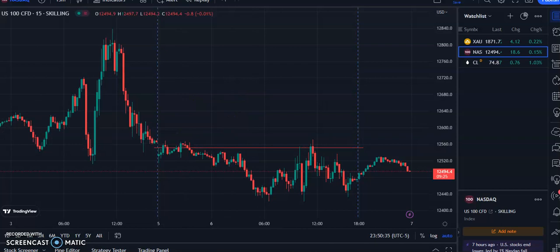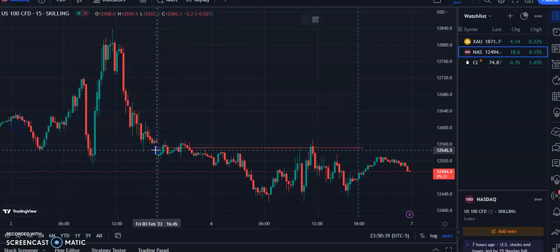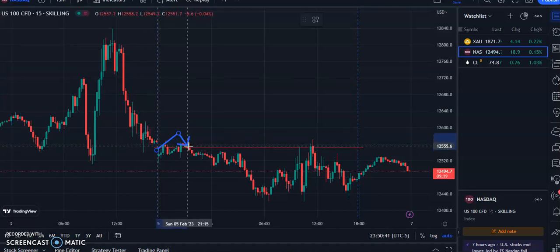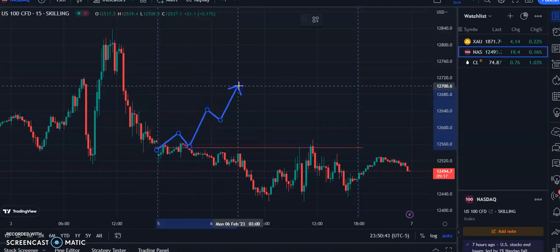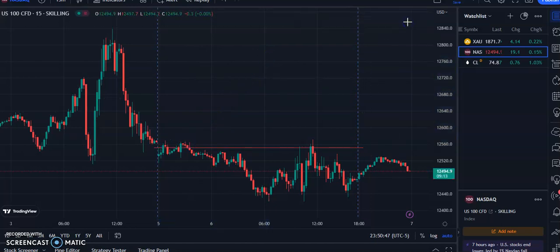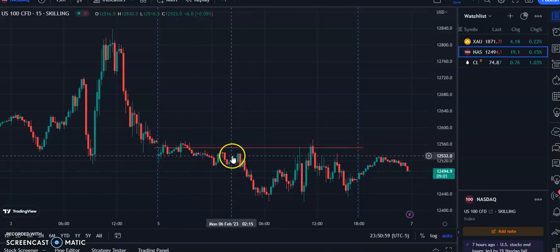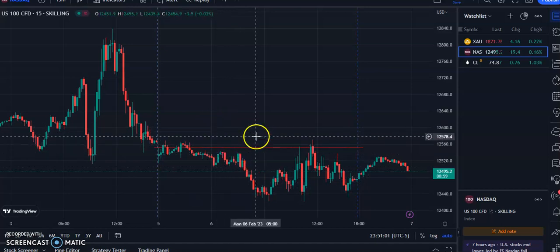If it broke out, this is what I want to see: a breakout, pull back, and then continue going higher like that. That is the breakout. So they failed to break above, but as you can see, they are breaking below. So I know that we are below the reference line.